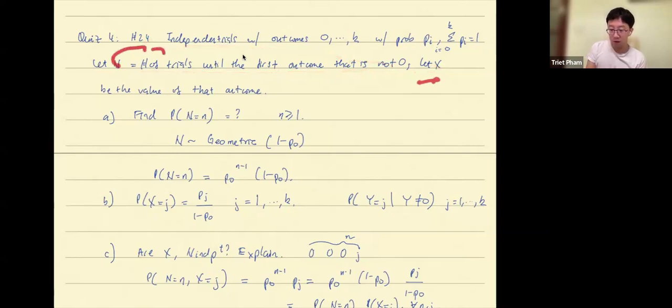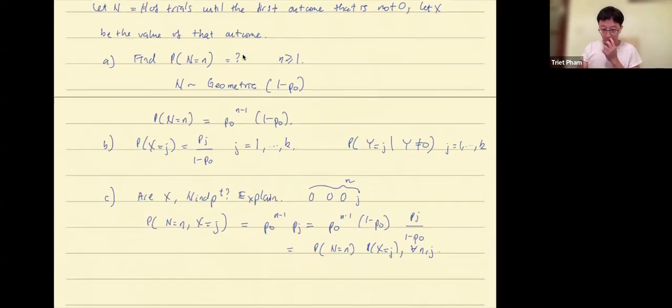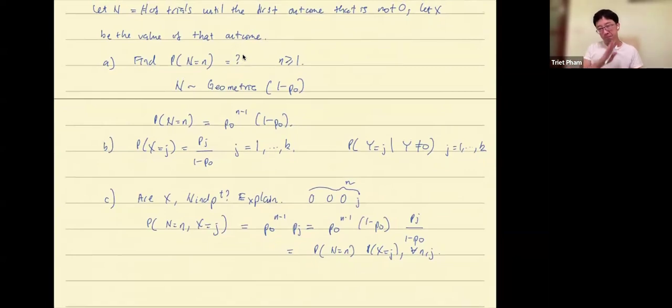Because if you know that it takes 1,000,000 trials until you obtain a value that's non-zero, that doesn't mean that you know what that value is. I mean, you know it's non-zero, but beyond that, you don't know anything. So, are we okay? Again, this is in hindsight and with calculation.